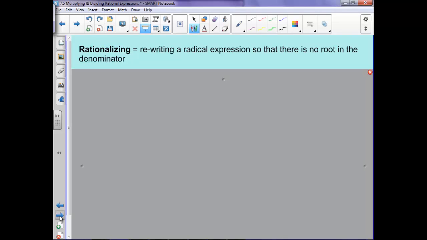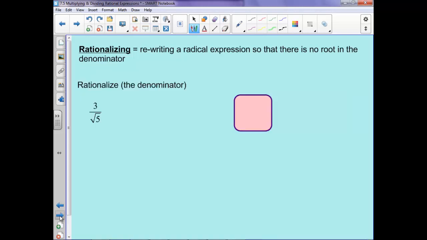So one thing that we need to do from time to time is called rationalizing the denominator. And so what we do is we have to rewrite the radical expression so we don't have any roots in our denominator. So remember, we can always multiply a term by something as long as we're multiplying it by something equivalent to 1.